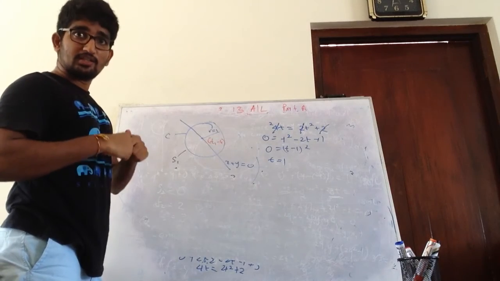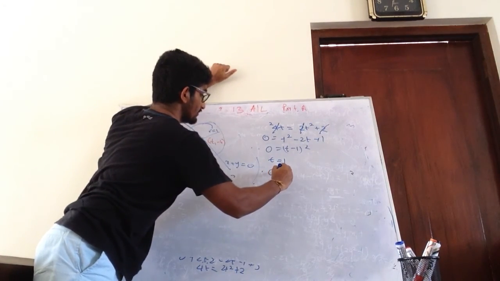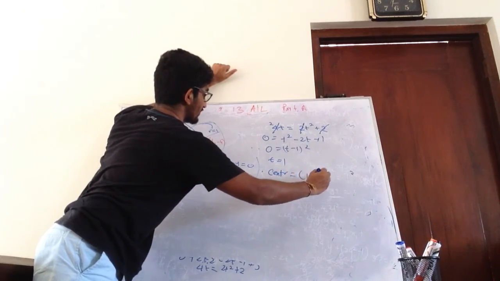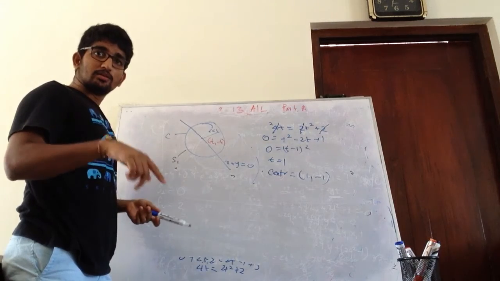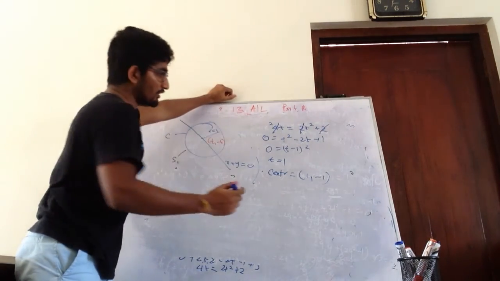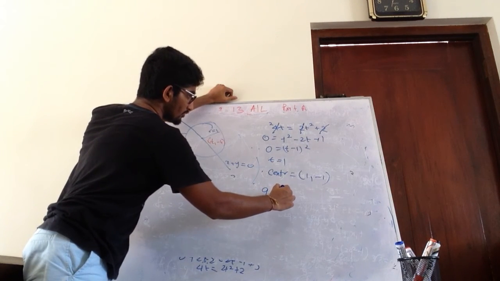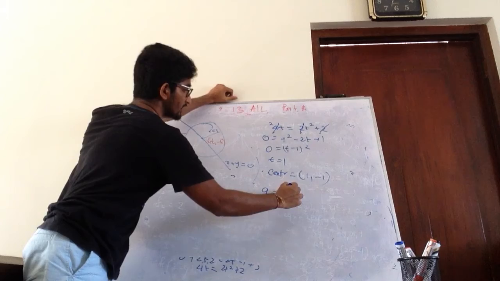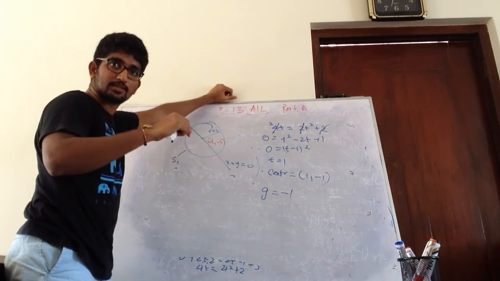So if t is equal to 1, the center will be 1, minus 1. So in the previous method, we will find that g will be equal to minus 1.